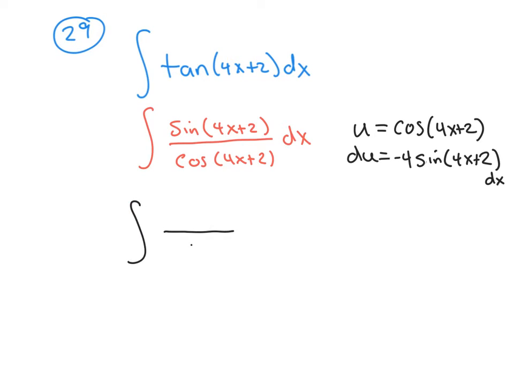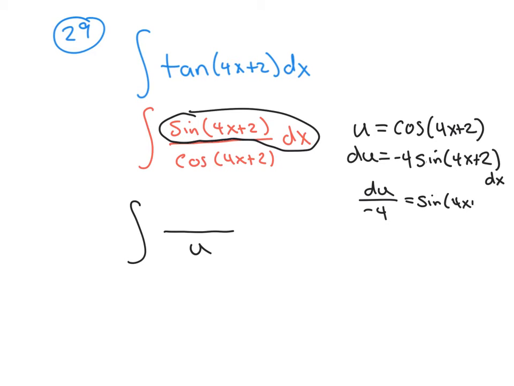I've got a u down here, and there are a couple ways of handling the substitution. I usually like to, I see this now as something I can replace. So that would just be du divided by negative 4. So I can write 1 du divided by negative 4, I write like that.